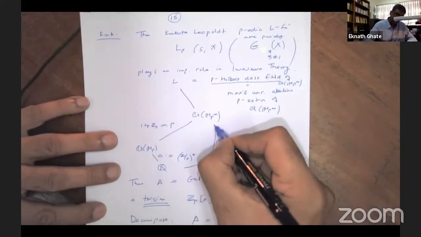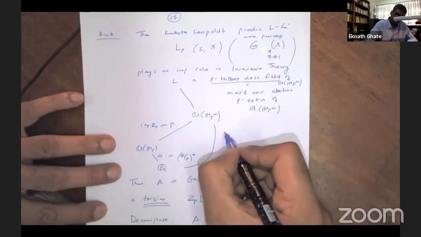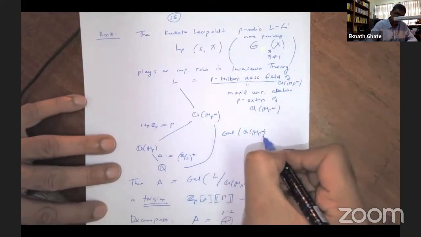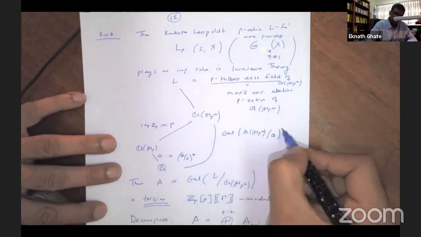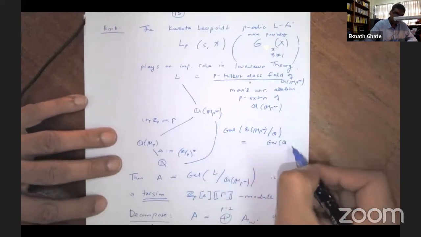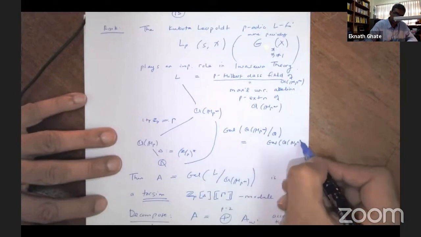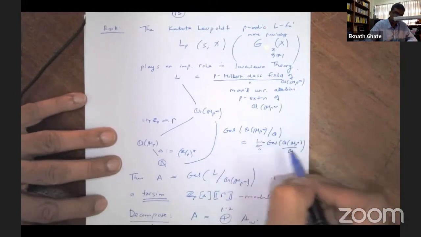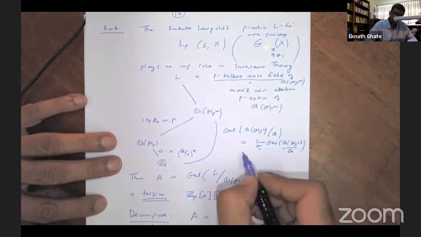Yeah, so this Galois group over Q is just the Galois group of Q(mu_p^n) over Q, the inverse limit of them as n varies, because you're taking a larger and larger tower.